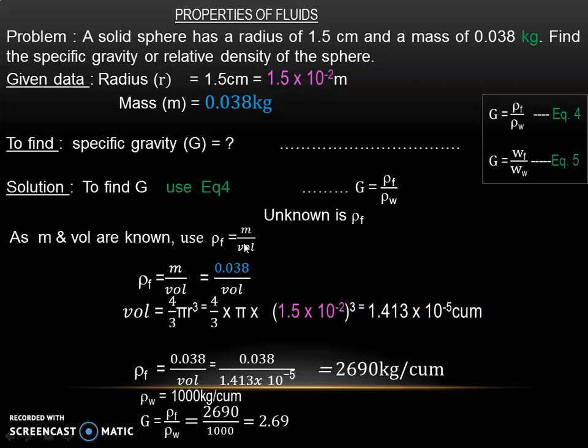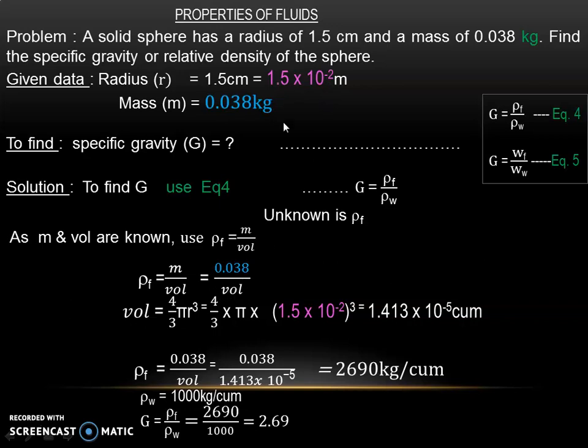rho F is equal to mass by volume. Why have I taken this? Mass and volume are already given, so we will be able to easily find rho F. So density of fluid rho F is equal to m by volume. M is equal to 0.038 and volume we need to find.